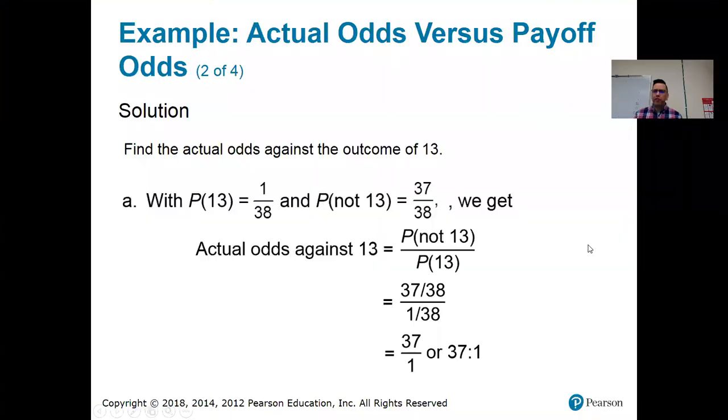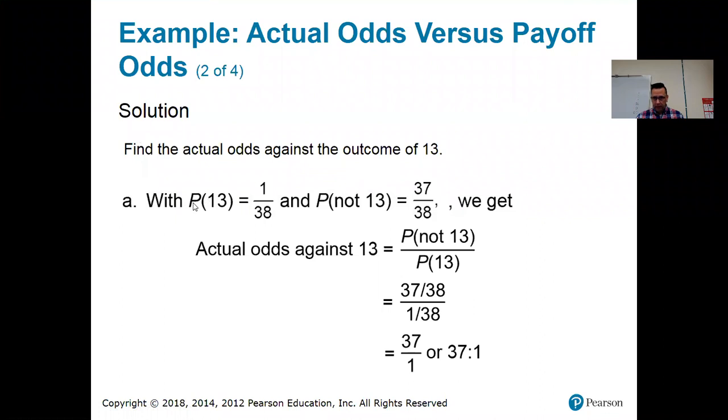So the first question was, what are the actual odds, not the payoff odds, but the actual odds against the outcome of 13? Remember, actual odds against are the number of ways it doesn't happen to the number of ways it does happen.